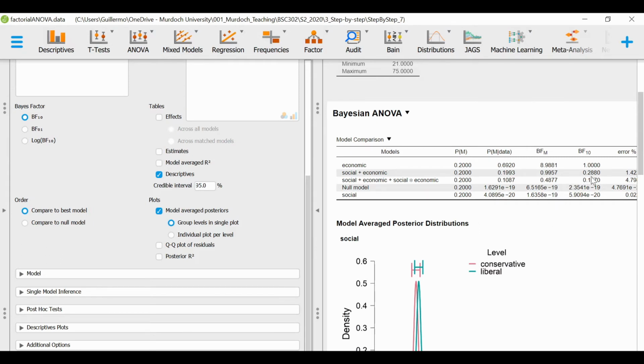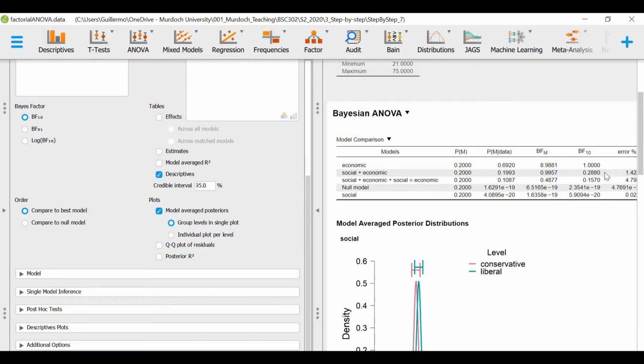Then the Bayes factor 10 for the third best model, social and economic plus the interaction, has a probability of 0.1087, divided by 0.692, that is 0.157.